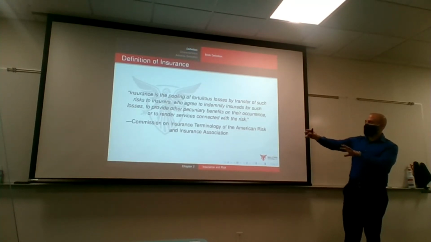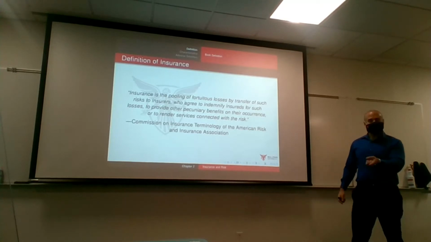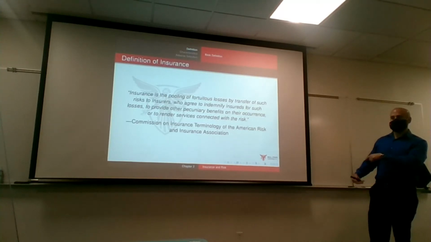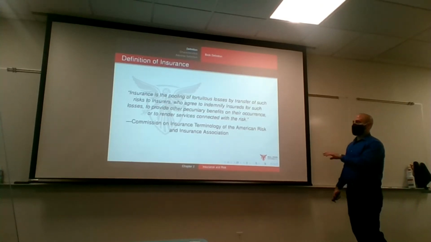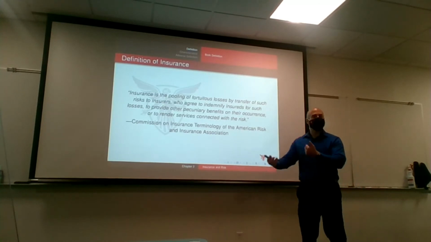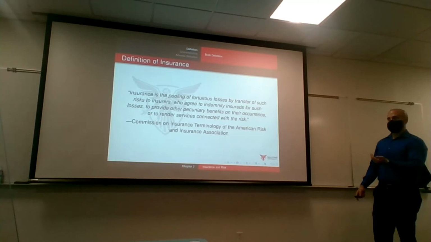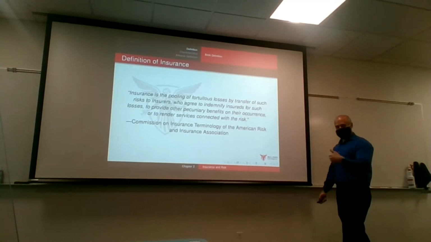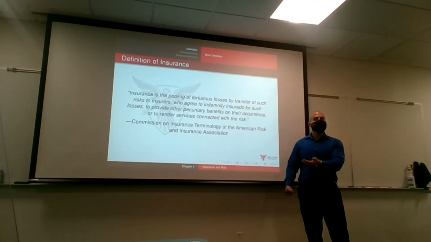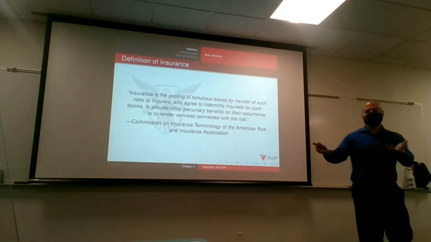These insurers then agree to indemnify the insured, so this is people who have policies, for losses, and then provide some other benefits. Okay, so basically there's a risk transfer. We're going to pay for that loss as an insurer, and we'll provide some other kind of ancillary benefits as well.